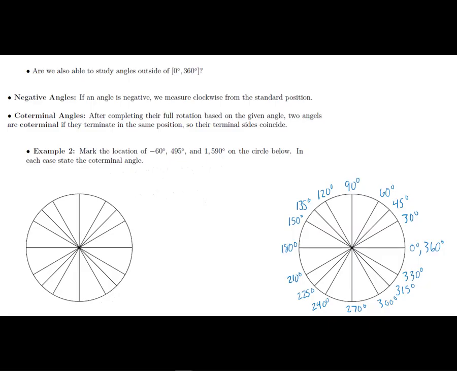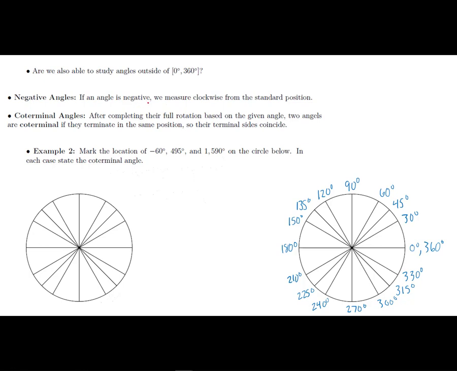So once we memorize the special angles on the circle that are between 0 and 360, it makes sense to then ask about angles that may not be between 0 degrees and 360 degrees. So in an earlier slide, we even already kind of broached the subject when we talked about a negative angle.